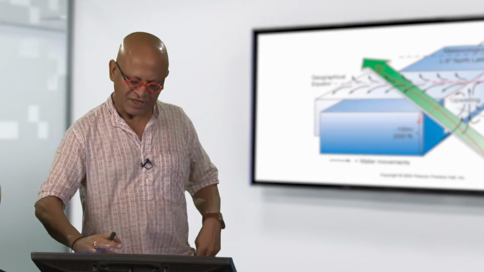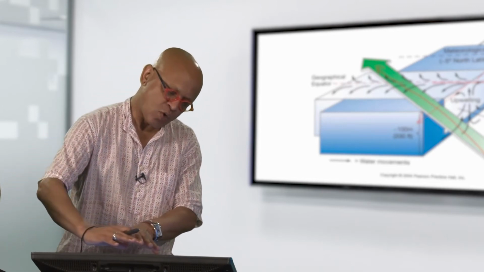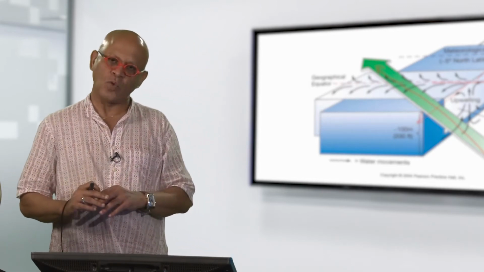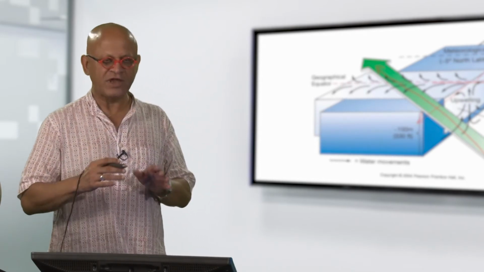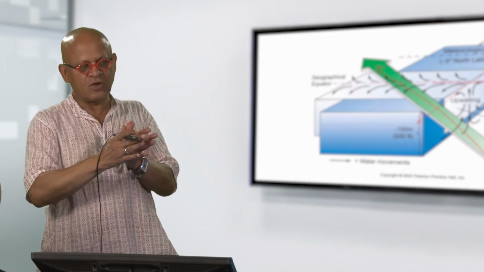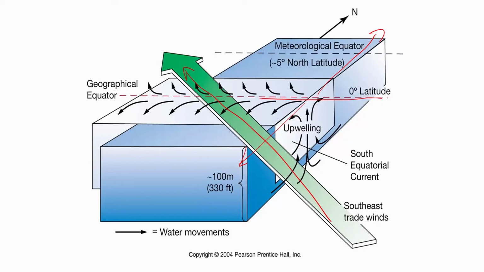Okay? So, basically this wind, as it blows, is trying to push the water towards the west and north, right. But because the equator changes the Coriolis effect on either side, the water cannot really cross the equator.